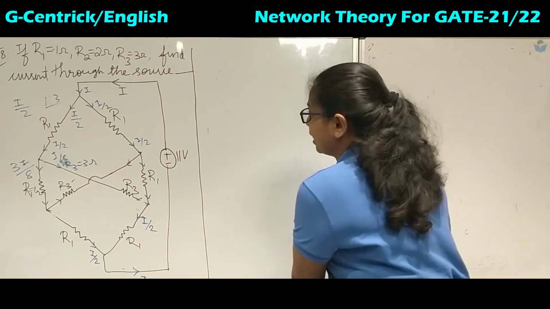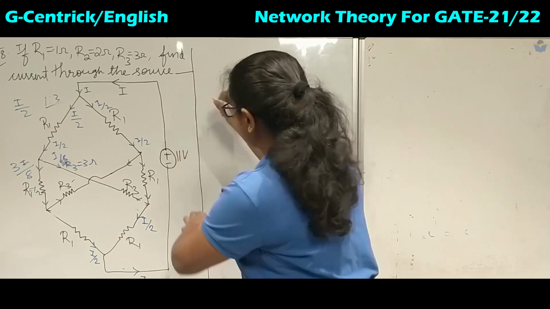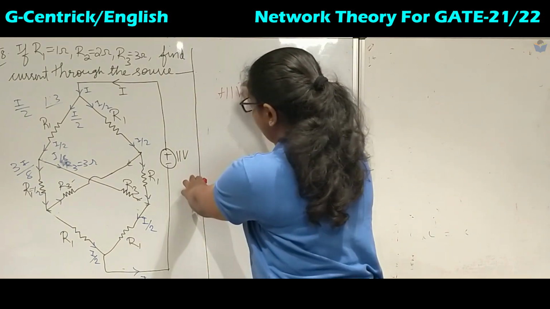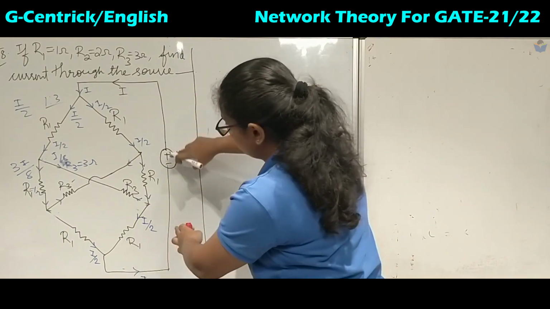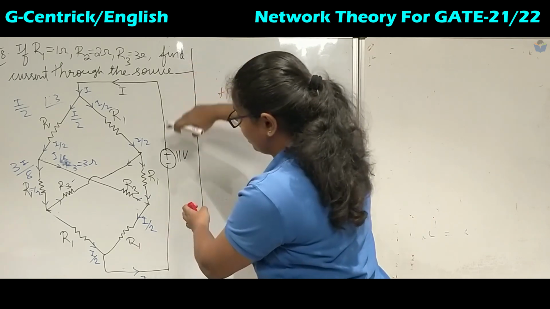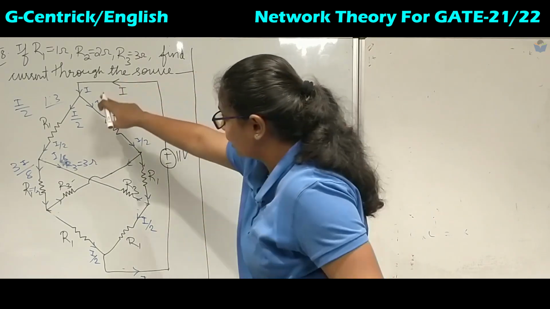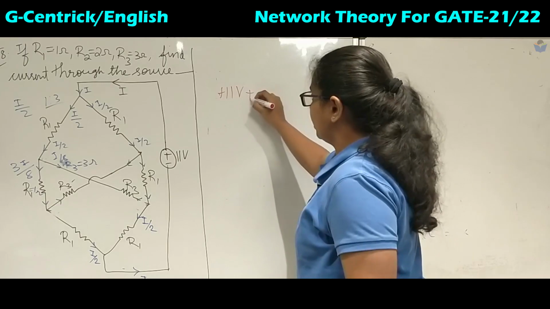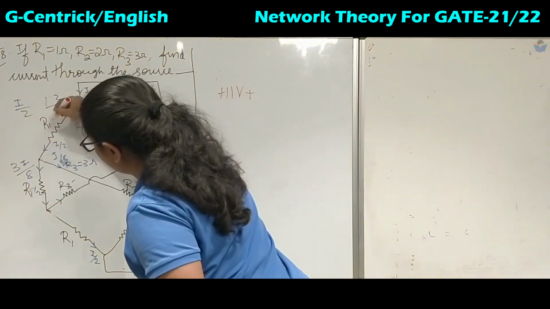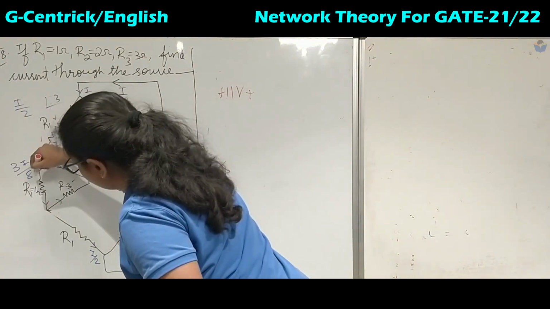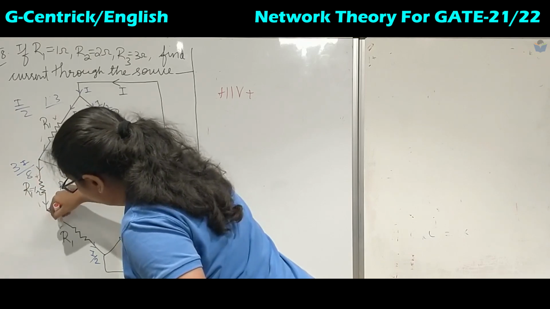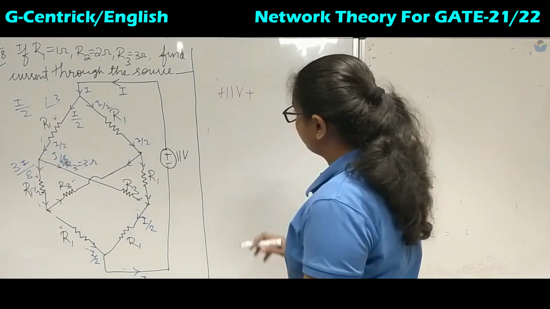Moving in that direction, plus 11 V is what we get, that sign we have to take: if we are moving in this direction, plus sign is the exit sign. So we will take plus 11 V. If the current is flowing in this direction, this is plus, minus, plus, minus, plus and minus.